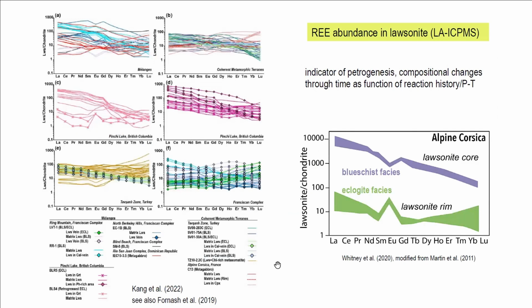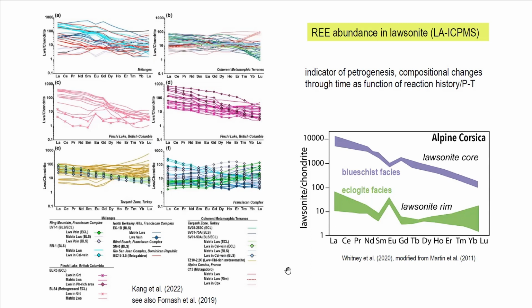Similarly, rare earth elements give us indications of petrogenesis, what other minerals were present, and also probably are good indicators of reaction history. This interesting result from Martin et al. for Corsica, they proposed that the difference in lawsonite rare earth element abundance, these europium anomalies, was telling you that the core was blueschist facies and the rim was eclogite facies.